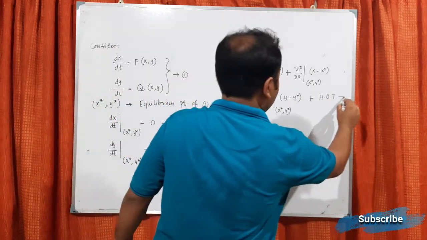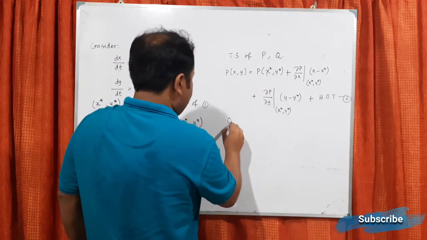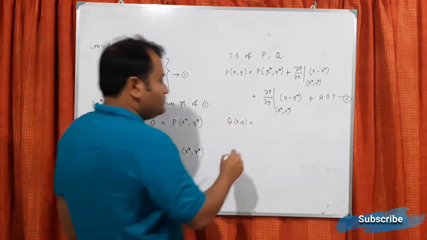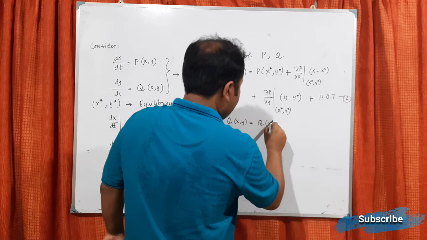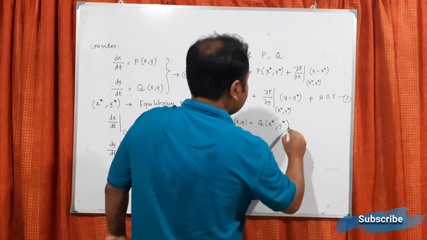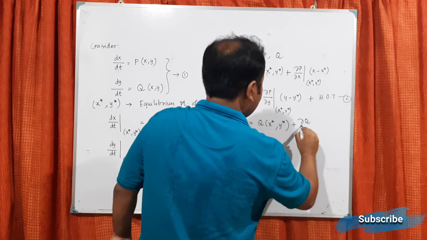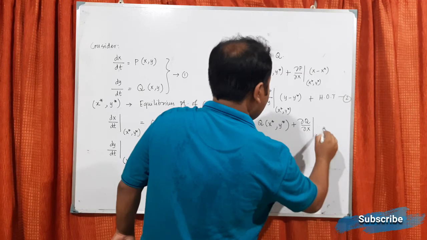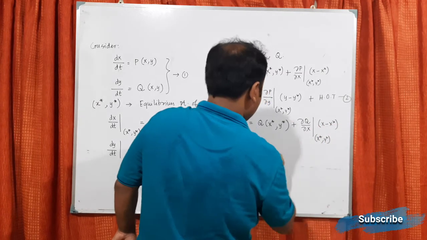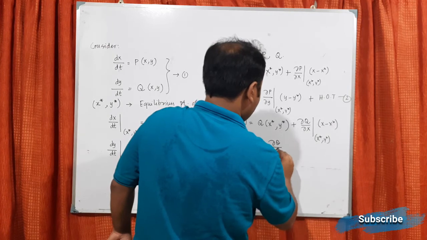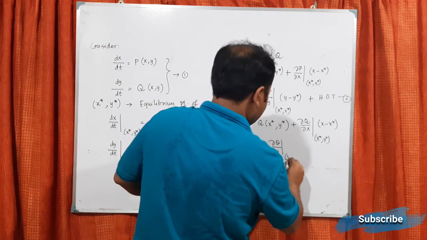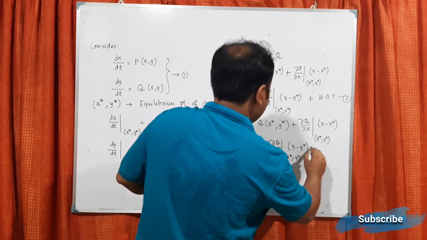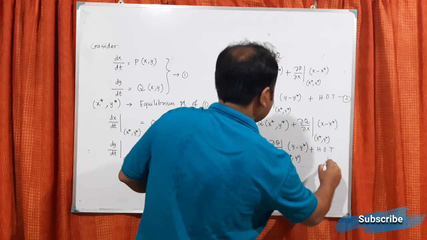So let me give this equation number 2, and q(x,y) similarly, I can expand around the equilibrium point, so that will be q(x*, y*) plus ∂q/∂x at the point (x*, y*) into (x minus x*) plus ∂q/∂y at the point (x*, y*) into (y minus y*) plus higher order terms.